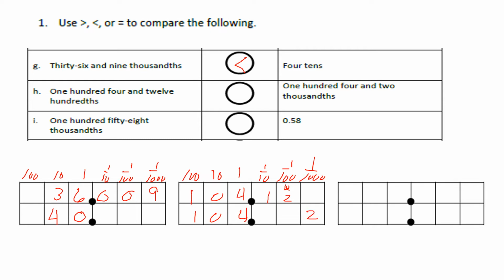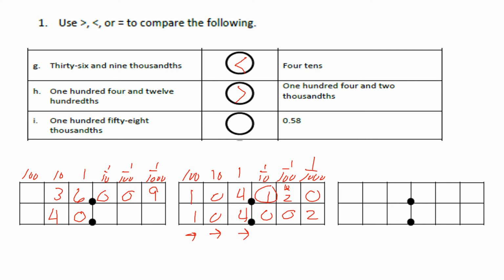I'll put 2 in the thousandths, and then I have to put placeholders. Now I'll put a 0 over here to make them all look the same. When we come across, 1s are the same, 0s are the same, 4s are the same. Oh, the 1 is larger. So we can see that 104 and 12 hundredths would be greater than 104 and 2 thousandths.